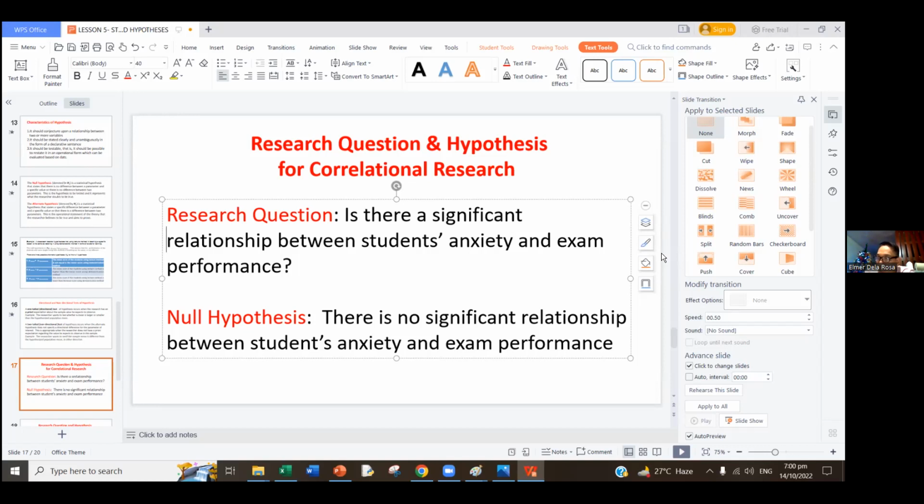Gusto mo lang i-test kung totoo rin ito sa mga estudyante mo sa Pilipinas, sa senior high school, sa math. So ano ang iyong alternate hypothesis? Oh, alam mo to, math to. Higher anxiety, lower performance. So paano mo i-state yun as alternate hypothesis?